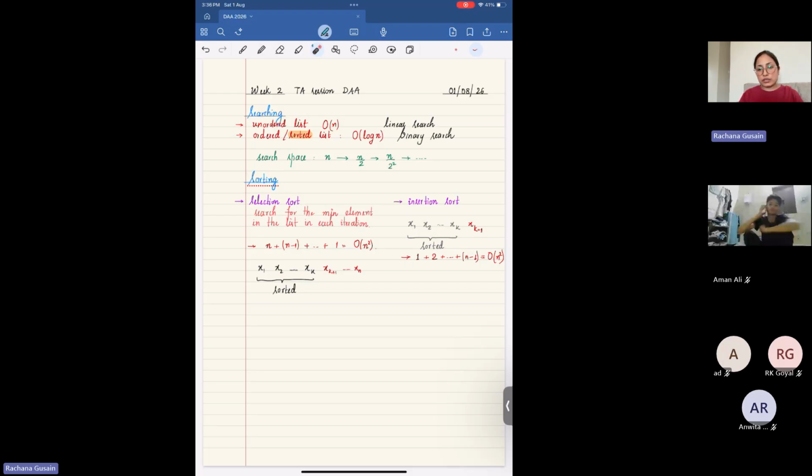the input array. Right? So here, this is the first k smallest elements in the input.